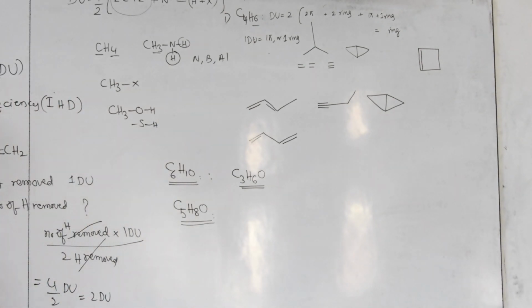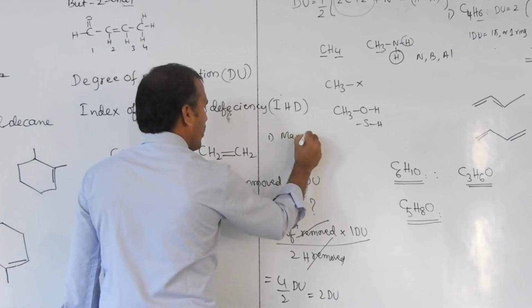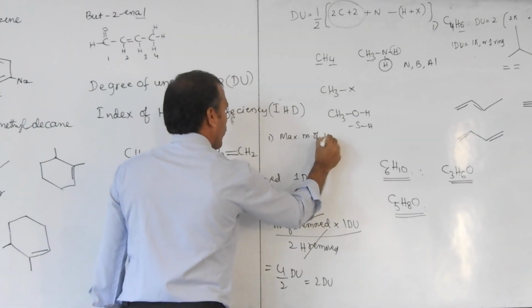Otherwise, see how to calculate with this formula. If you go with that, that is also okay. This is also okay. In this, there are 3 steps. What is the first step? The first step is to calculate the maximum number of hydrogen.